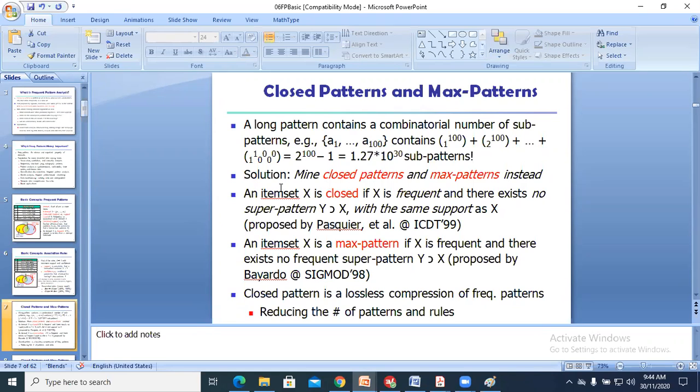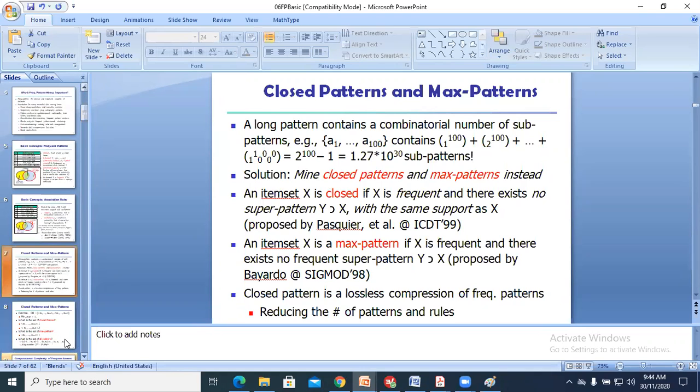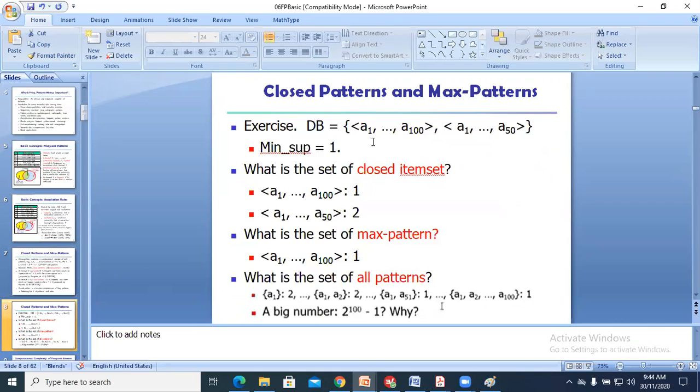So we will go into the definition of the closed pattern. First, we see the example of the closed pattern. We see two transactions in the database in which the first transaction has A1 to A100 items, and the second transaction has A1 to A50 items.